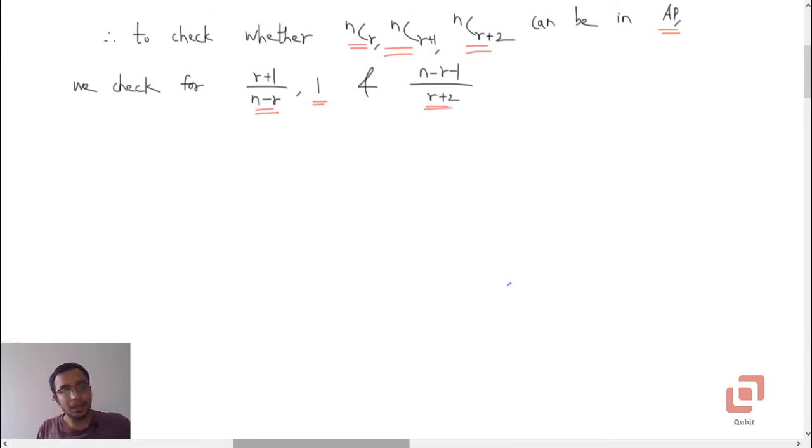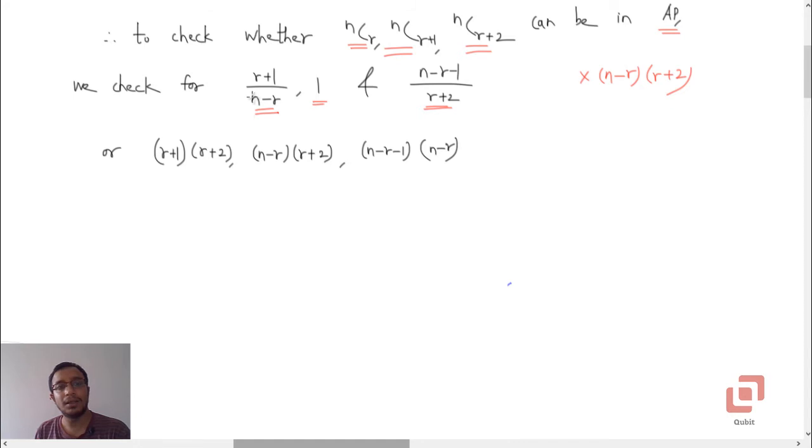Now we multiply each and every term by the denominators of the first and the third term. This gives the first term as r plus 1 into r plus 2, the second term as the whole thing n minus r into r plus 2, and the third term as n minus r minus 1 into n minus r.